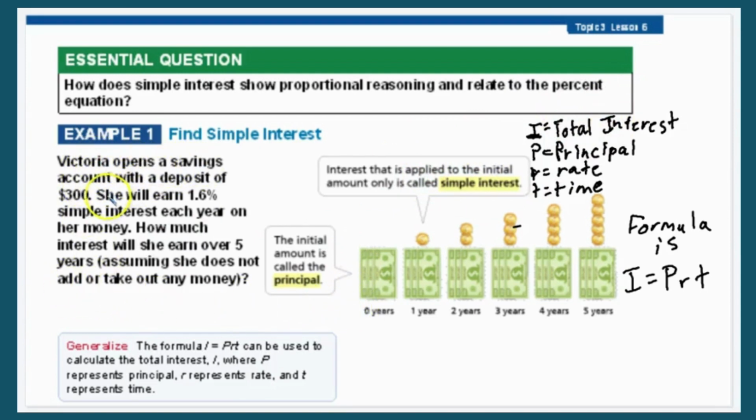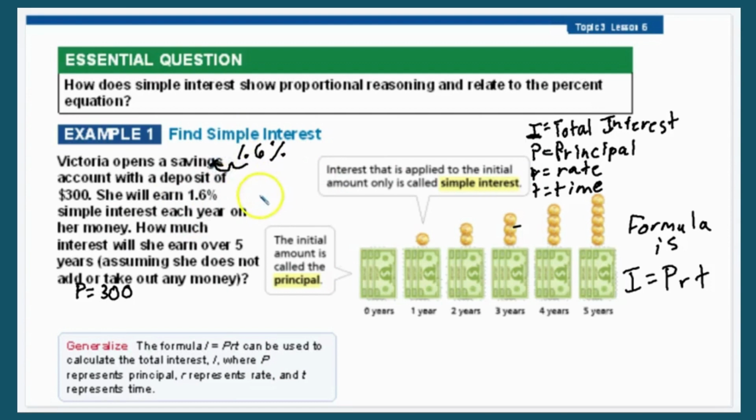Victoria opens a savings account with a deposit of $300. So that means the principal, P, equals $300. She will earn 1.6%. So the percentage is the rate as a decimal. So the rate is the percent as a decimal. So we have 1.6%. To change that to a decimal, we move the decimal over to the left twice.